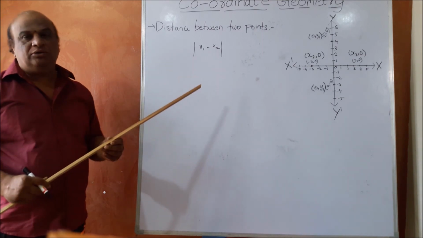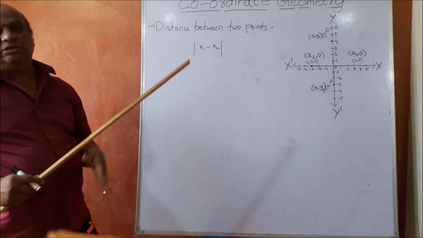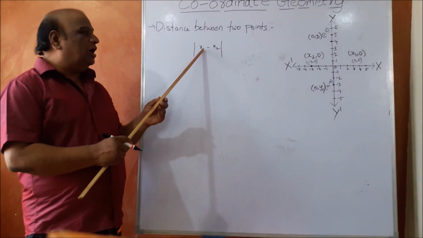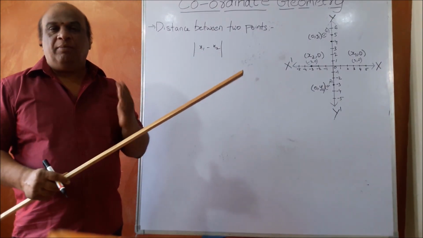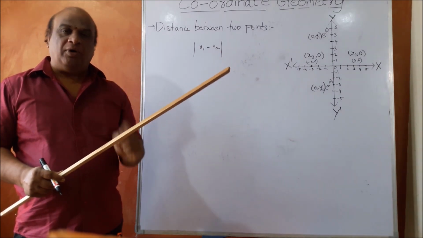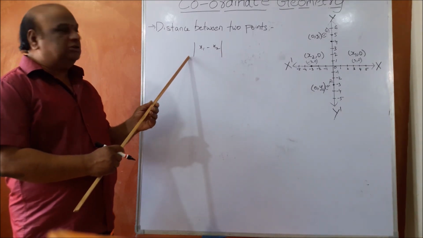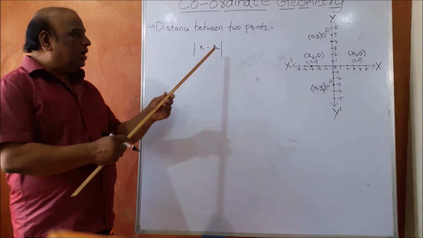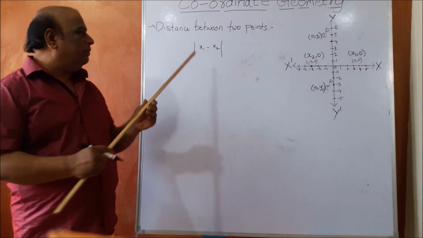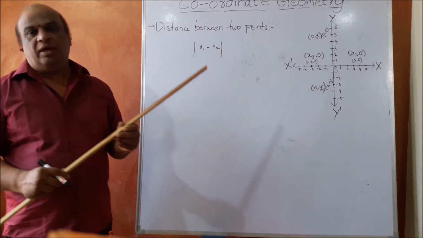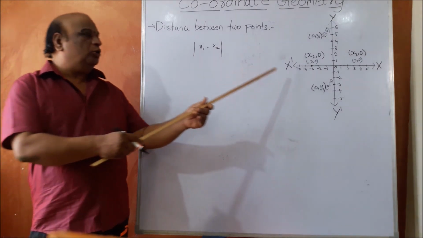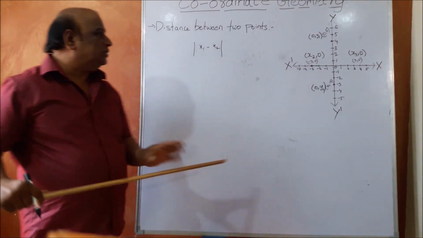Modulus means the distance is always positive. Sometimes in this answer we are getting a negative answer, but we should not write the negative answer. Distance is always positive. That's why symbolically we write modulus of x1 minus x2. This is the distance between 2 points on the x-axis.